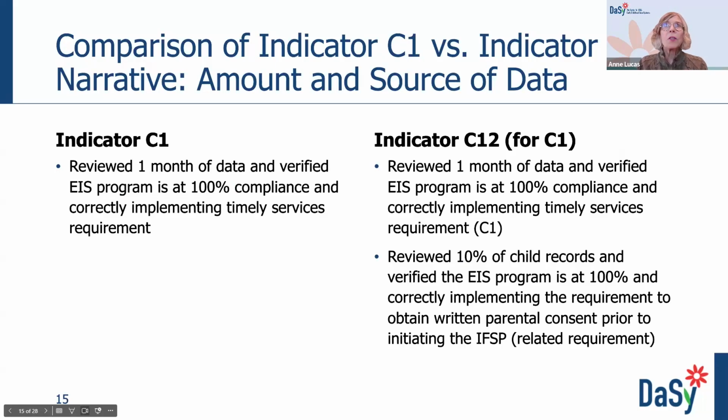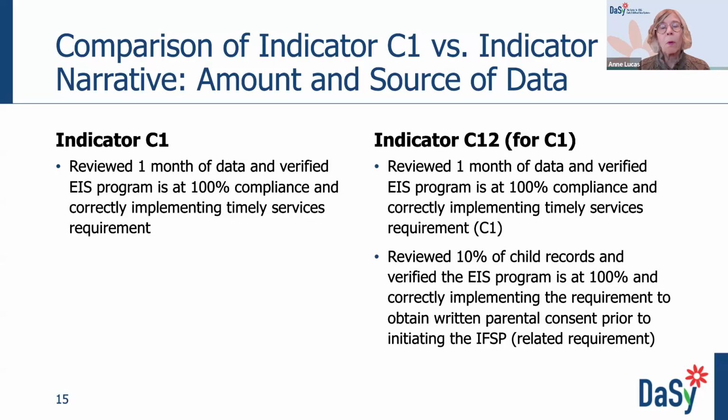Now, we wanted to just show you a quick snippet of some information from indicator 1 to indicator 12. We're just talking very briefly about the amount and the source of the data that was pulled to look at for C1. So for indicator 1, in this example, you pulled 1 month of data.